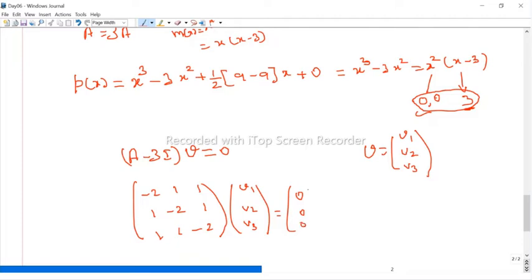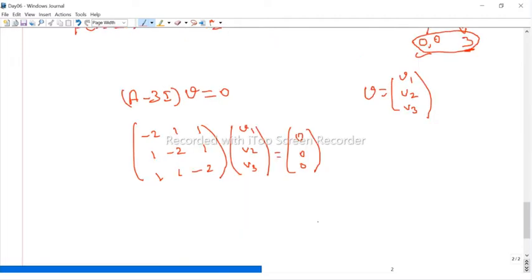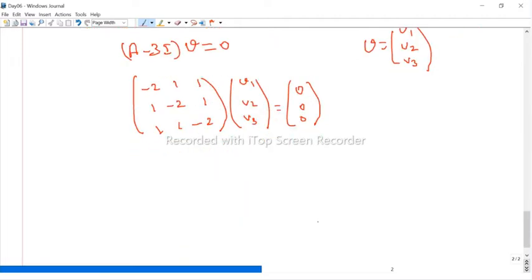So this is the equation. Now we have to find the solution, but it's very difficult to find directly. Therefore, we simplify this matrix into row reduced echelon form. So first you write this matrix here: minus 2, 1, 1, 1, minus 2, 1, 1, 1, minus 2.